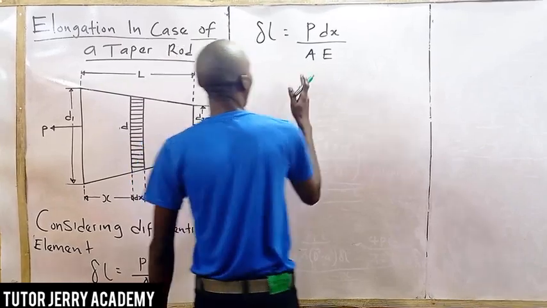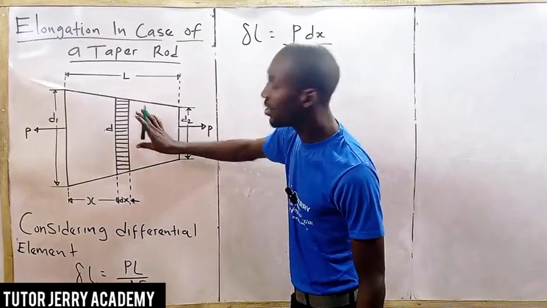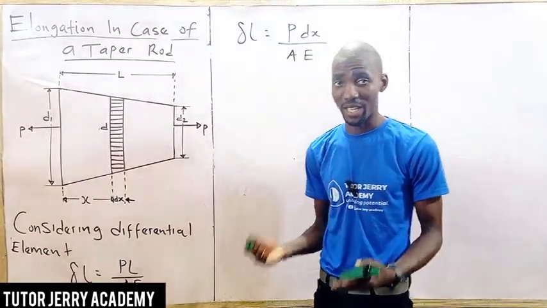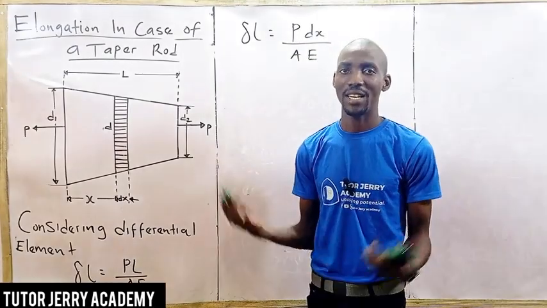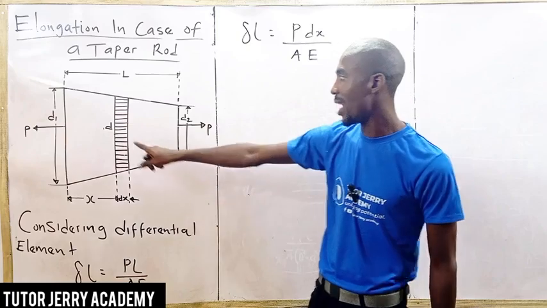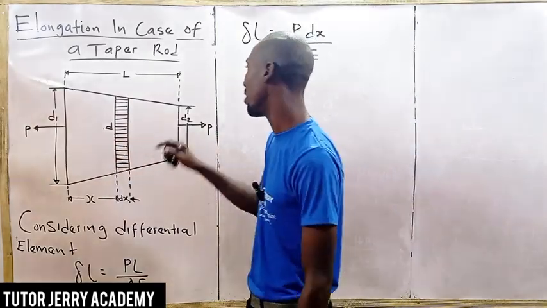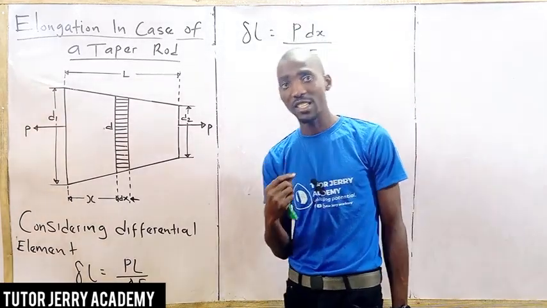Now, how do we get the area of this differential element? We are going to calculate the diameter first. Once we get the diameter, then we can get the area. So the diameter of this differential element here is this. But how do we get the diameter here? We are going to use the unity method.